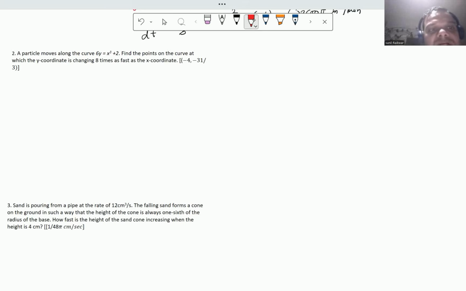The y coordinate changing 8 times as fast as the x coordinate means dy over dt is 8 times dx over dt.